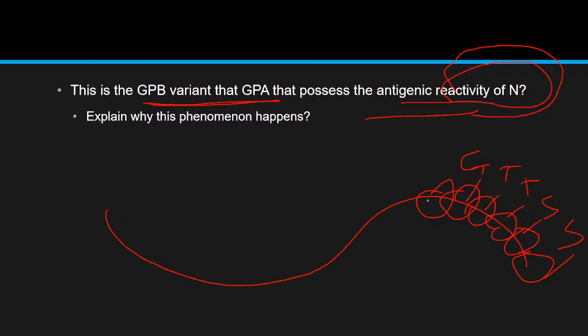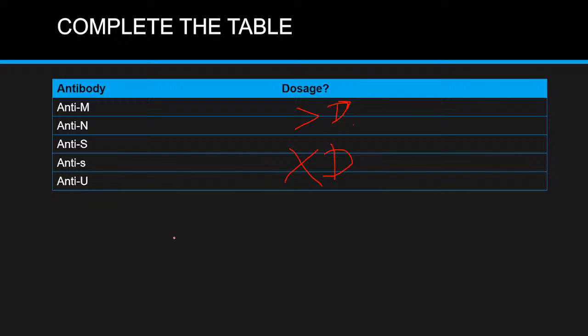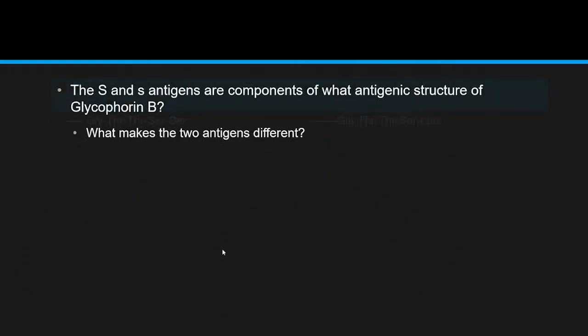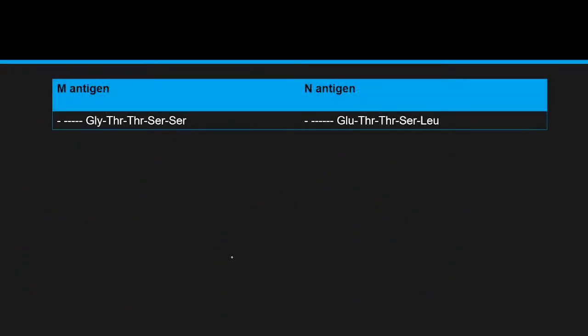The problem is somewhere here, not the last five. That's your normal N antigen. Is my structure correct? Sorry, let me double check. Maybe I made a mistake. Double check. Oh, sorry. It's glutamine actually. Glutamine. Sorry.